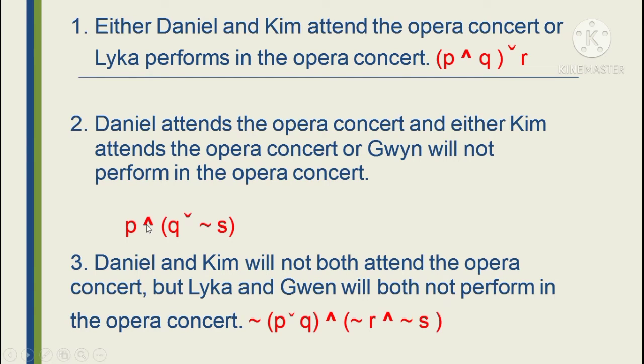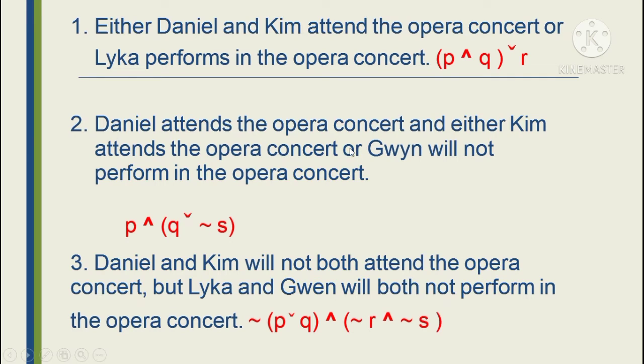and, di ba itong end, oh. Daniel, it's si P, Daniel attends the opera concert. This one, ito yung ating symbol for the variable for Daniel, and this one is for end, and this Q is for Kim, and this symbol, we could read this as or, and this one is not.